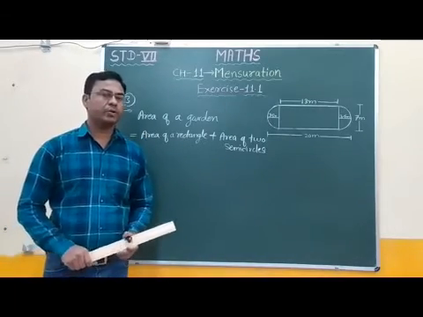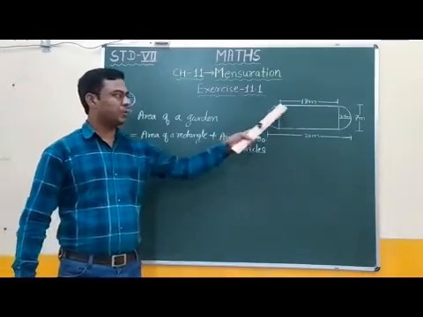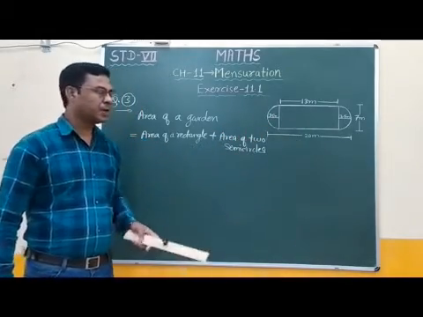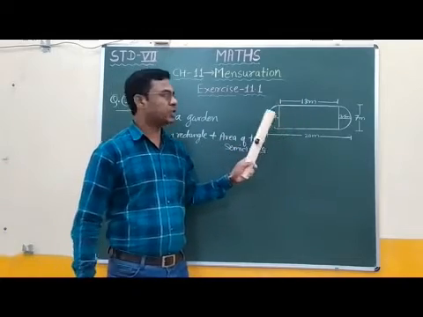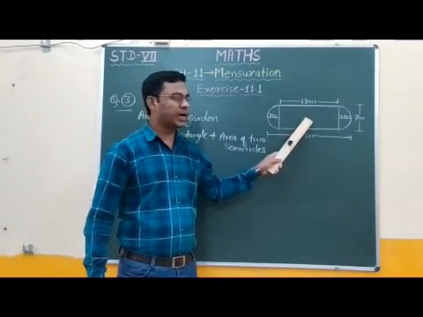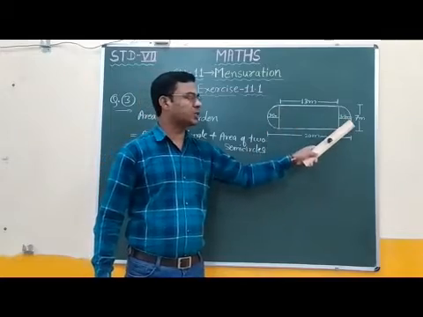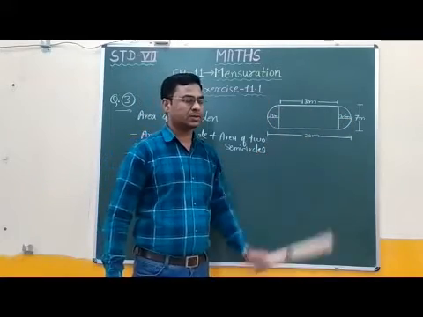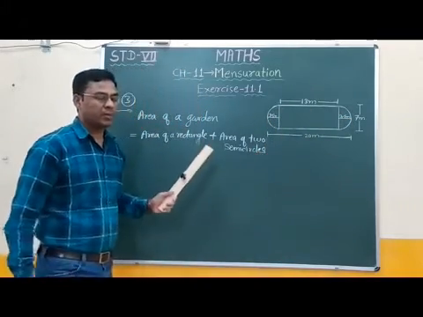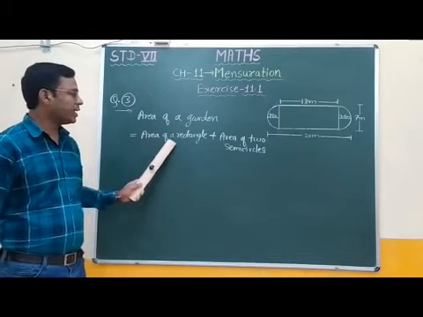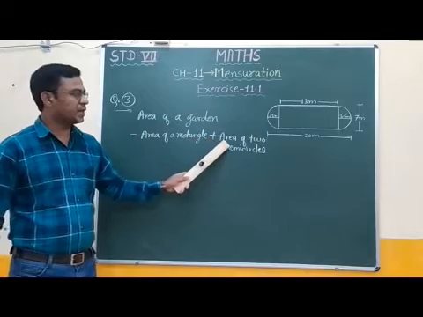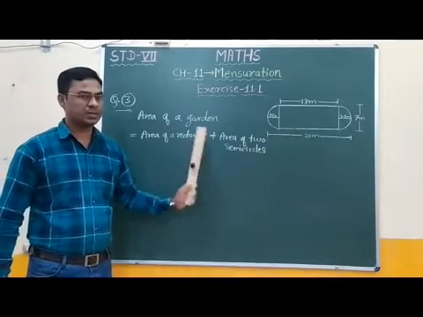Now students, we are going to find out the area of this garden. This garden is divided into three parts, that is one rectangular part and two semicircular parts. Therefore we can say that the area of the garden is equal to the area of a rectangle plus the area of two semicircles.